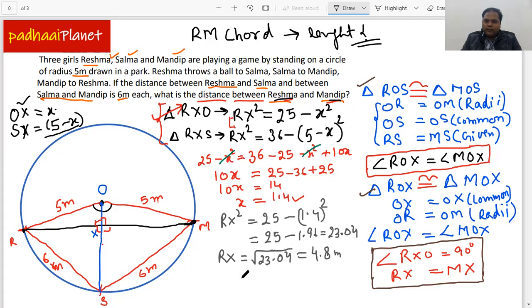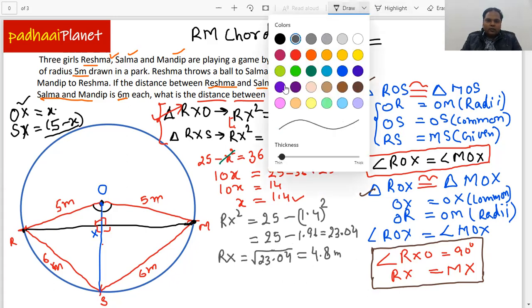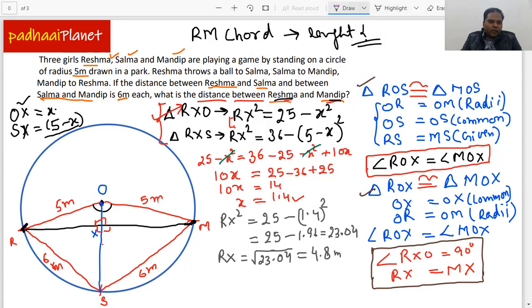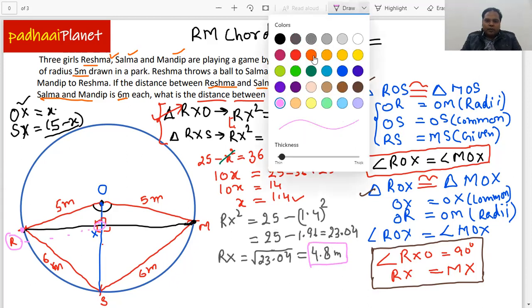meters. So finally, what we have got is the distance between R, from where Reshma is sitting, and the center. The distance of these two points is 4.8 meters. Now, what we need to find out is the distance between Reshma and Mandeep, and that's very simple.